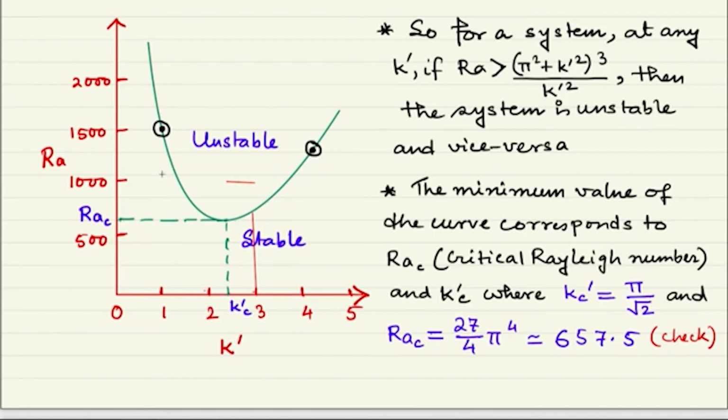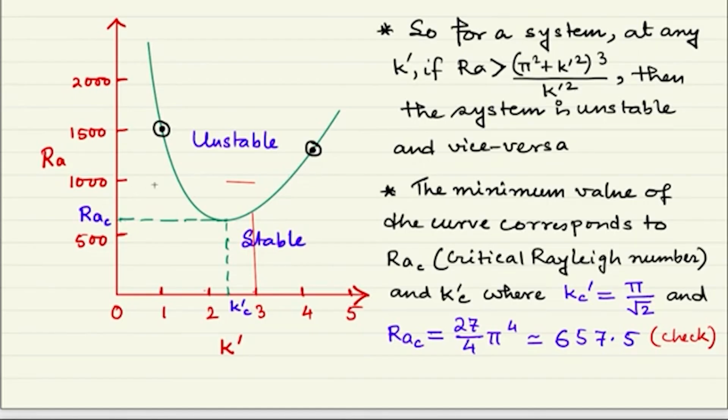Then when it crosses the wave vector corresponding to the marginal Rayleigh number, it becomes unstable for a range of wave numbers. And when it leaves this region at another horizontal wave number, of course we are talking in terms of normalized wave numbers k prime, then again the system becomes stable.